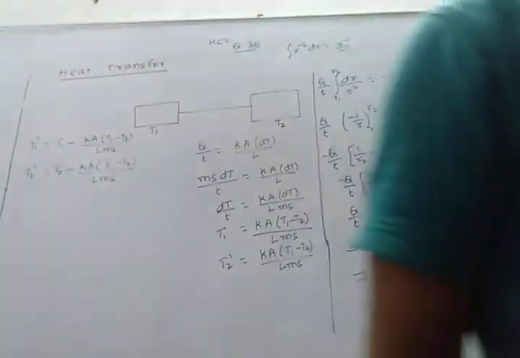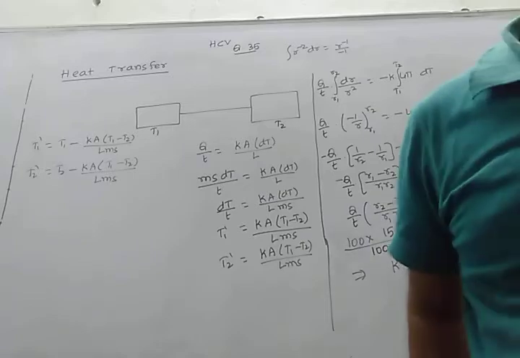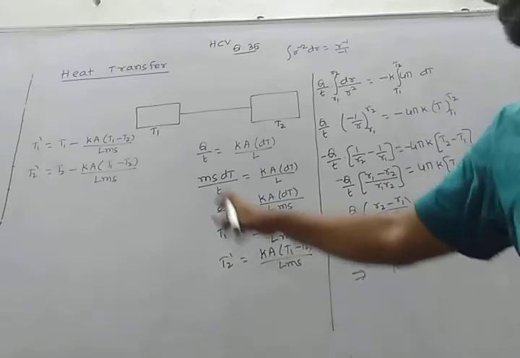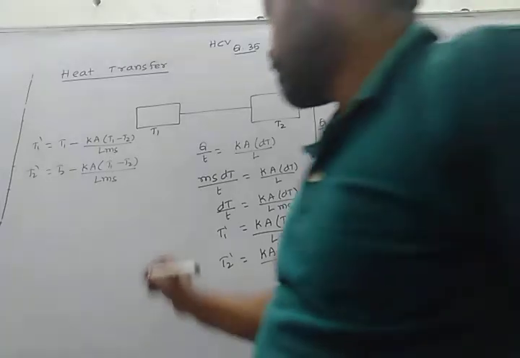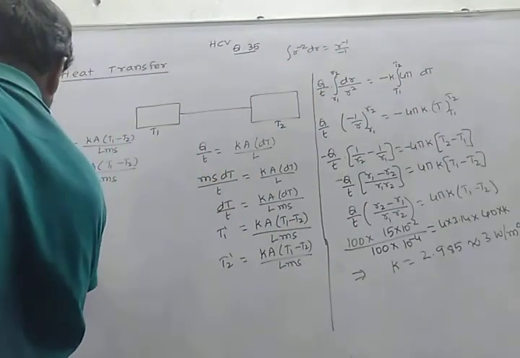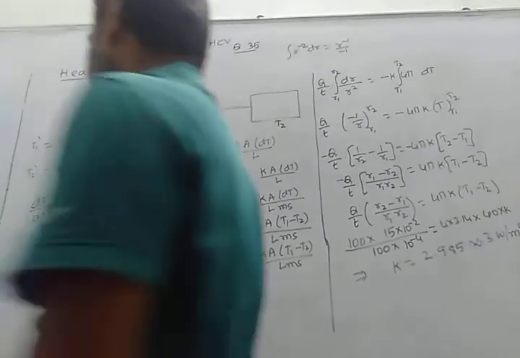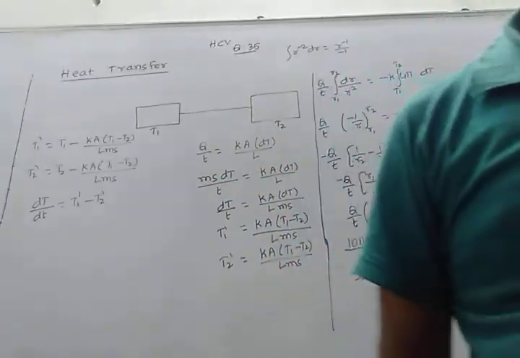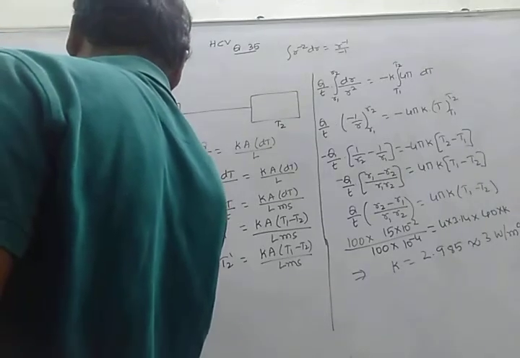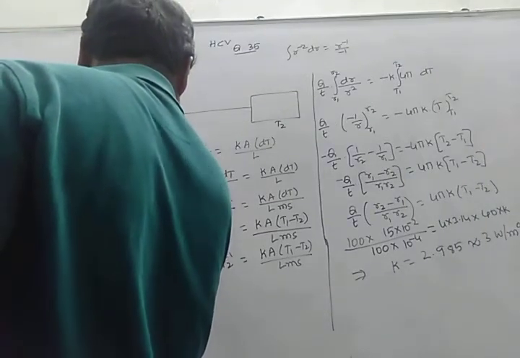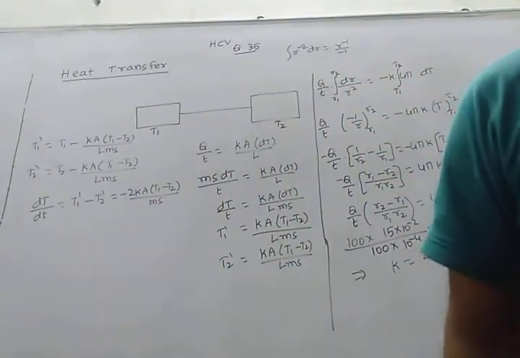So we can write d capital T by dt, that is T1 dash minus T2 dash, which we get as minus 2 Ka into T1 minus T2 divided by Lms.